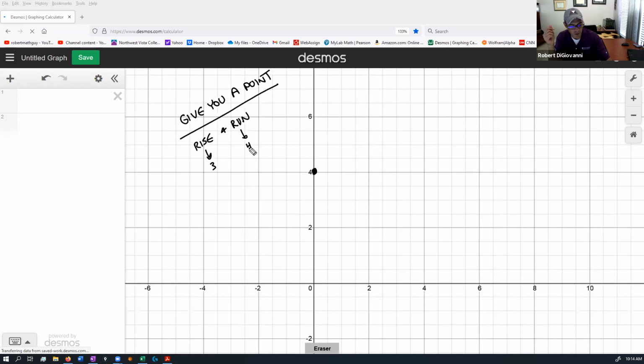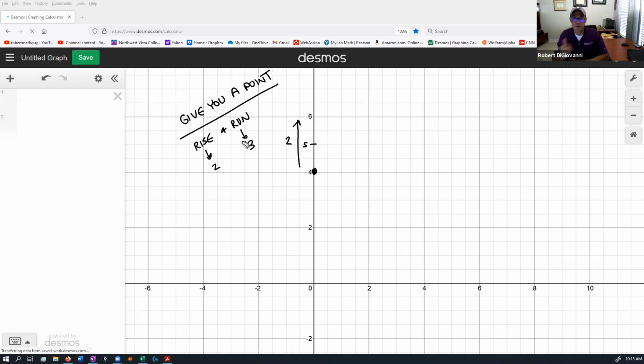You know what, that's too much. I want to be able to fit it on this graph. How about the rise is 2 and the run is 3? Let's do it that way. So from this point, to get to another point on this line, you would have to go up 2. Now be careful because this is 5 right here. So we're at 4. We have to go 5, 6, go up 2.